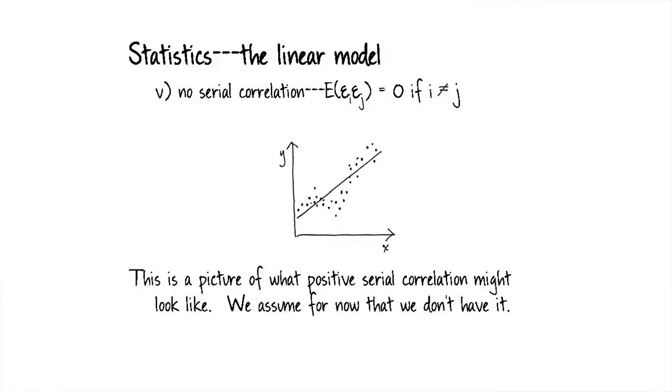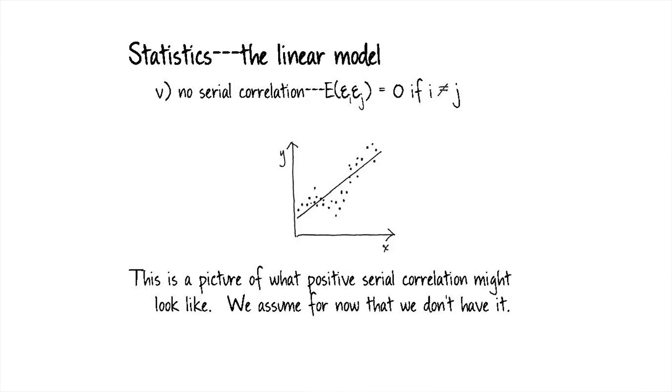Here's a picture of what positive serial correlation might look like. Here we have some positive errors over on the left side, and if you have one positive error, the close by errors are also likely to be positive.